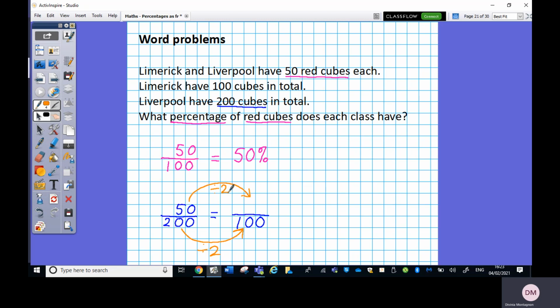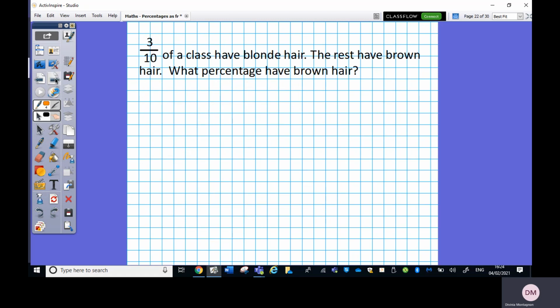Half of 50 is 25. Great. So therefore, what percentage of Liverpool class has is red cubes? 25%. Excellent.